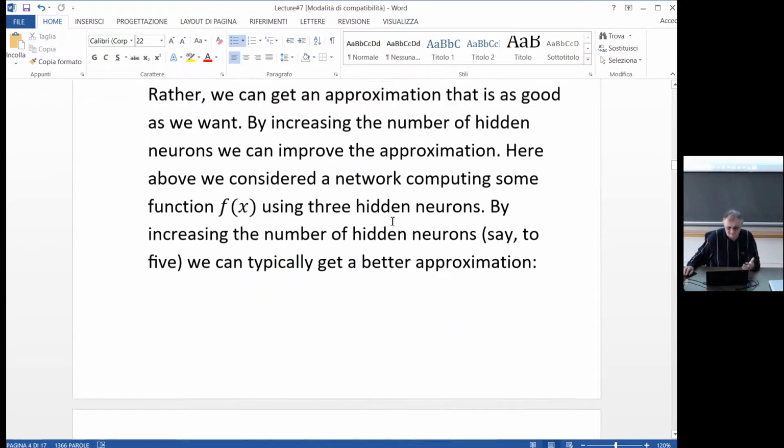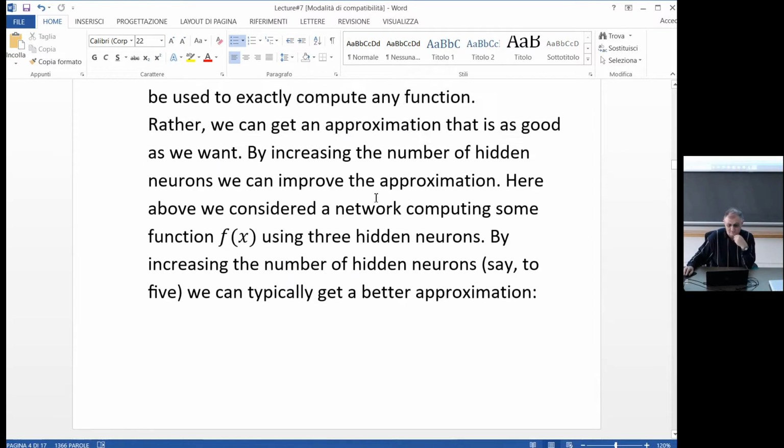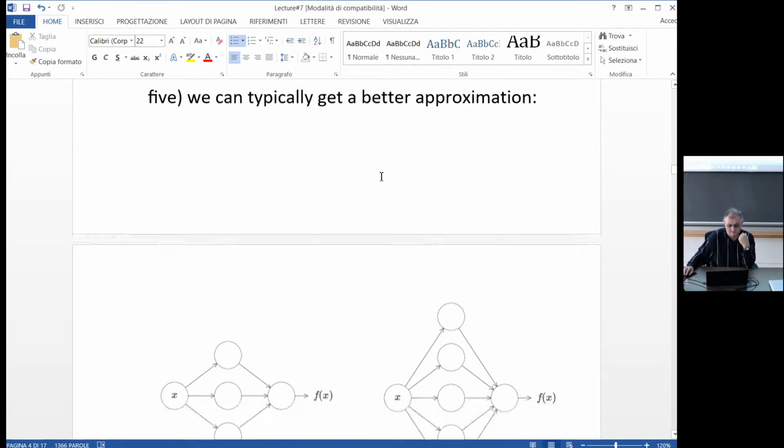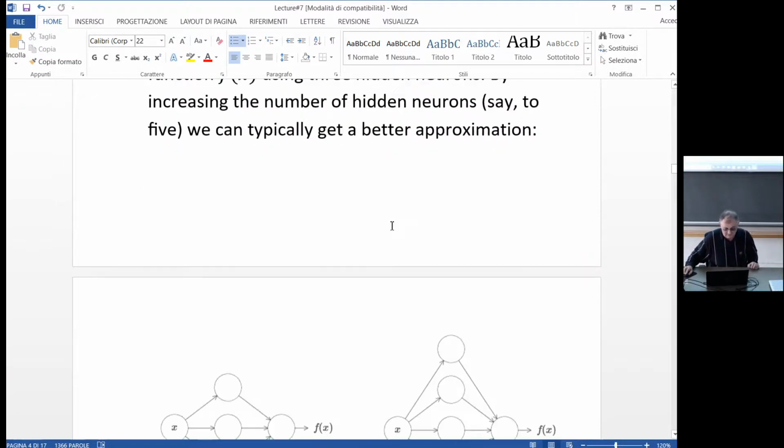We can define some grade of fidelity, and we can construct some neural net which approximates our function with fidelity not less than the epsilon we defined before.